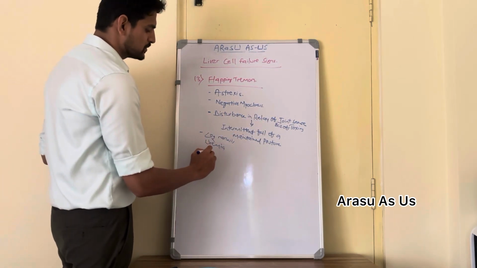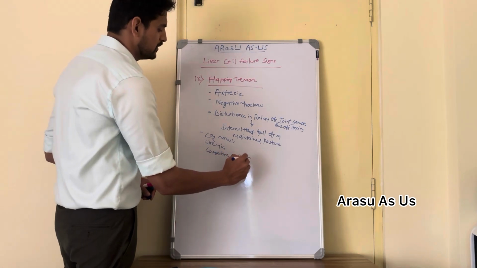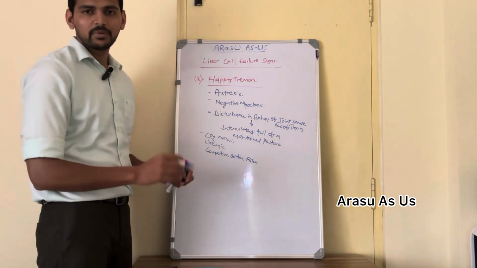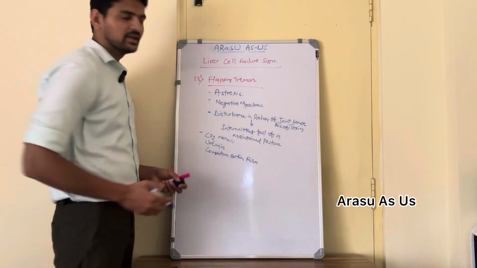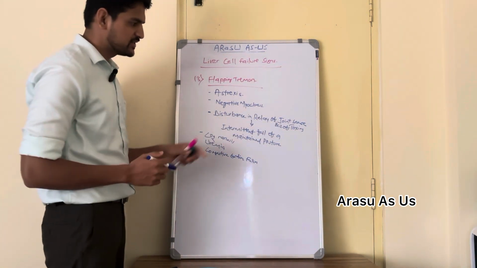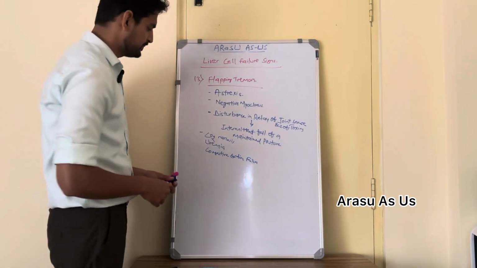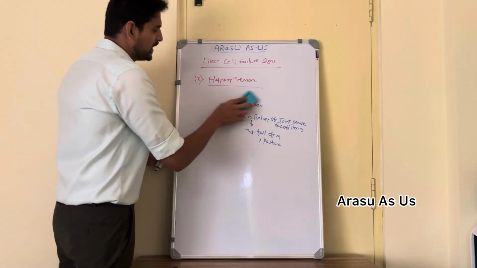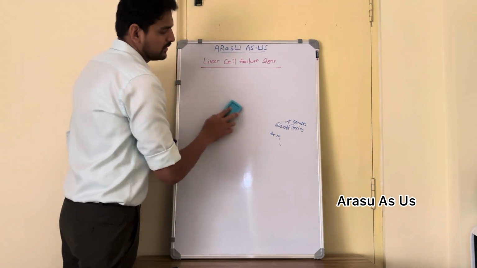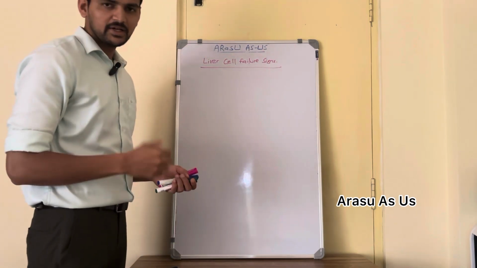And we can consider congestive cardiac failure, where because of improper perfusion of the tissues, they will produce abnormal metabolites, which will interfere with the relay of joint sensation in the higher nervous system, leading to flapping tremors. So this is again a sign of liver cell failure. So these are some head to toe signs which you have to look for when we are dealing with a liver related cirrhosis case.